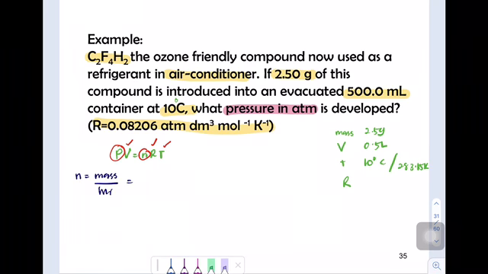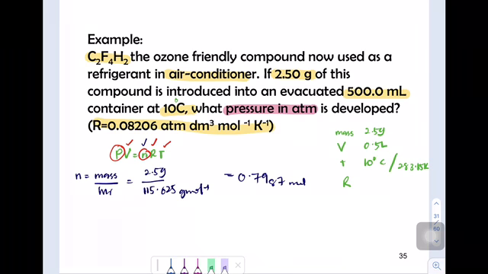The mass of the compound is 2.5 gram, divided by its molar mass, 115.025 gram per mole. Then we will get the number of moles equal to 0.7987 mole.